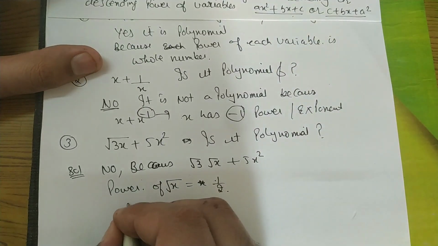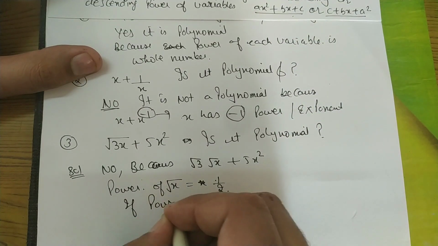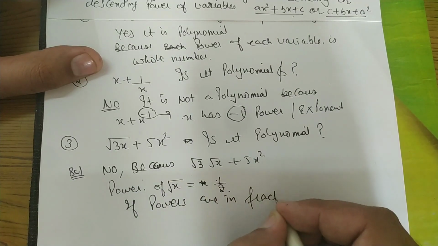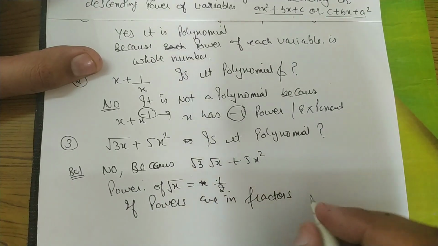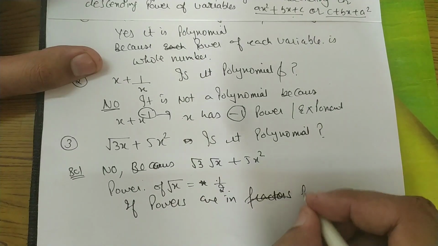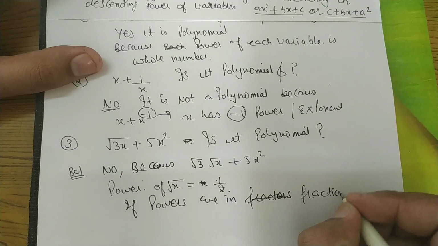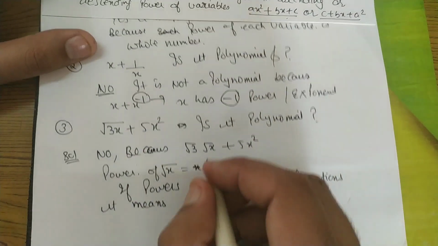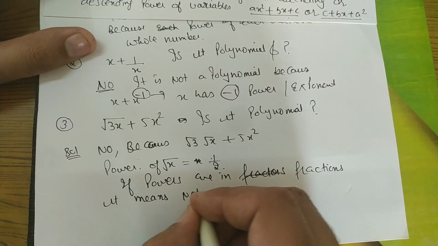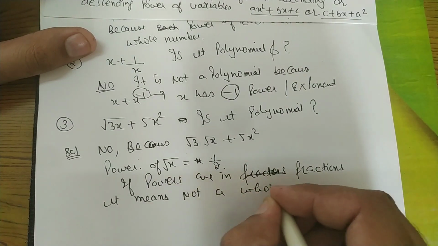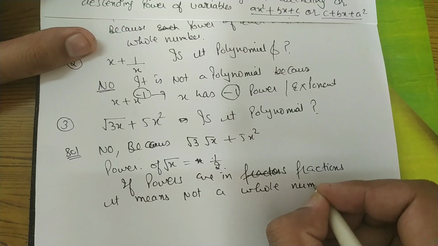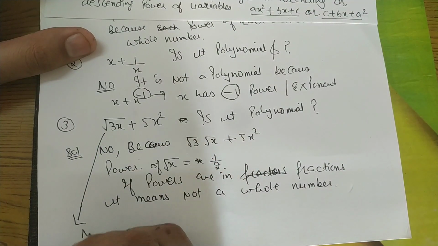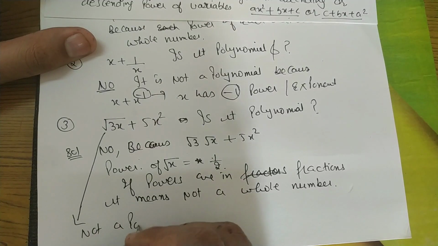So if powers are in fractions, it means not a whole number. So this is not a polynomial.